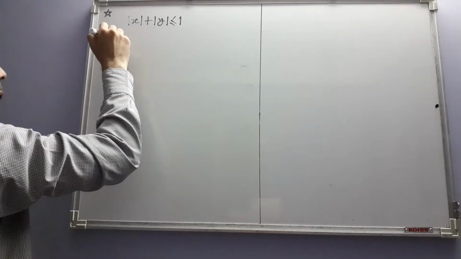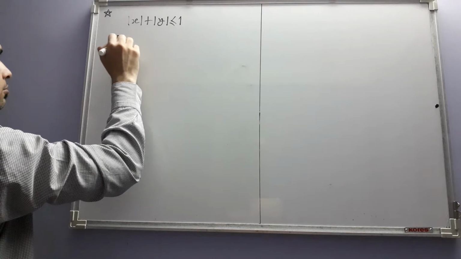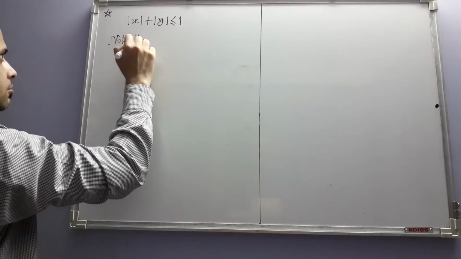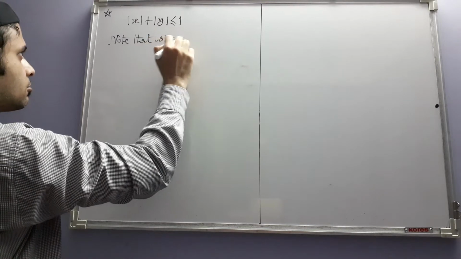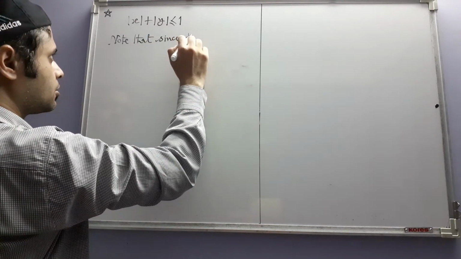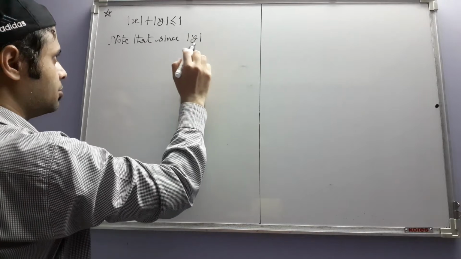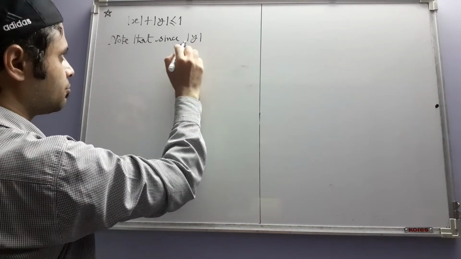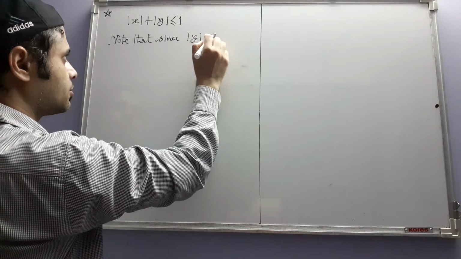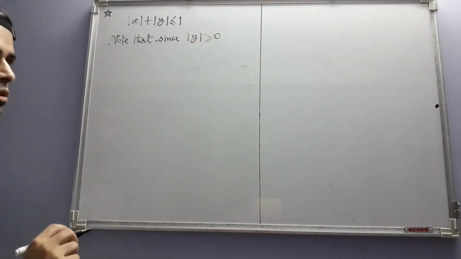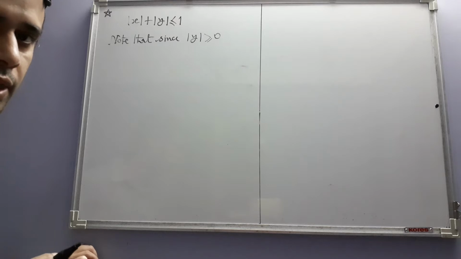Note that since absolute value of y, because y is a real number, from the definition of absolute value we already know that any absolute value of a real number is a non-negative real number.